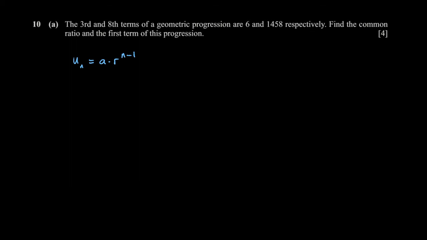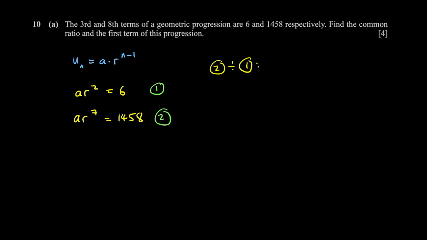So the third term is going to be ar to the power of 2, and that's equal to 6. And the eighth term will be ar to the power of 7, and that's going to be equal to 1458, right? So we've got two equations here. Equation 1, equation 2. So what do we actually want to do? We're going to do equation 2 divided by equation 1.